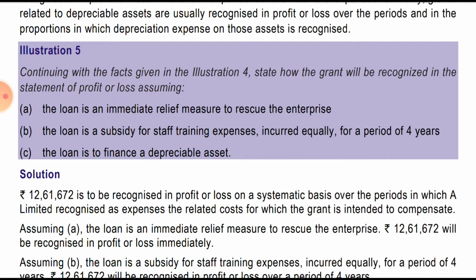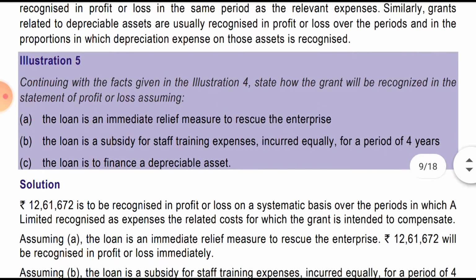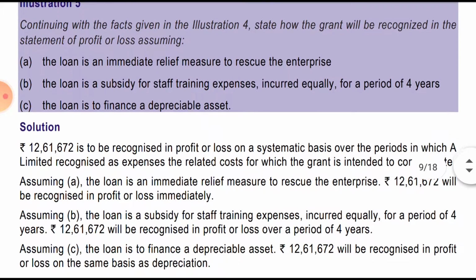Okay, so I will explain in short. If that grant of 12 lakh 61,642 is an immediate relief measure to rescue an enterprise, it will be directly charged to profit and loss account in the first year itself.